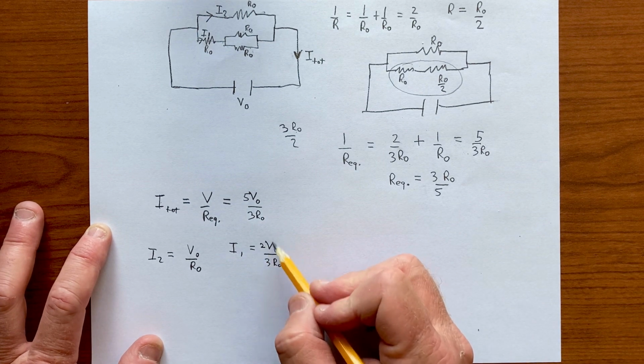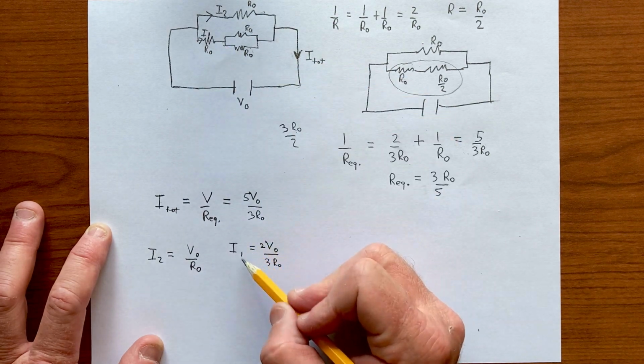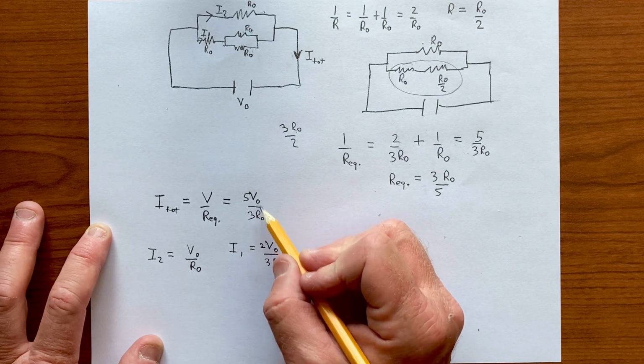So we have 2 V naught over 3R naught going through here, and that then breaks up into two parts here, and going through here we have 5 V naught over 3R naught.